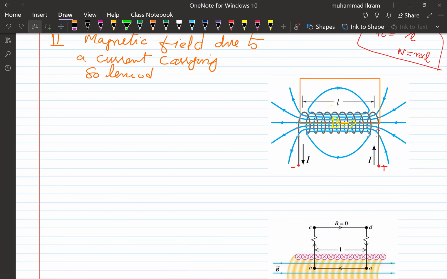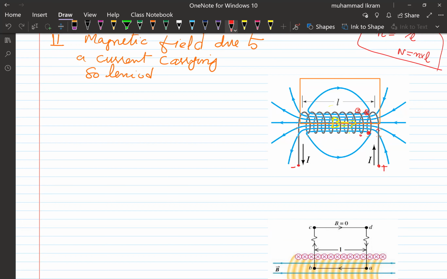The sinking point, where the current is into the paper, is marked as a cross, and the rising point, where the current is out of the plane of this laptop, is marked as a circular dot. So cross here and dot here for every turn.